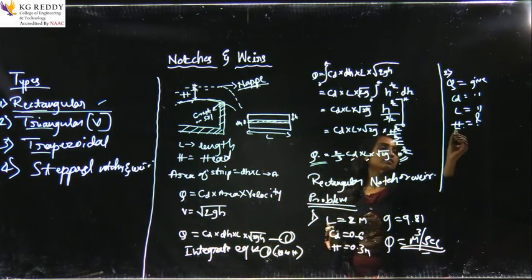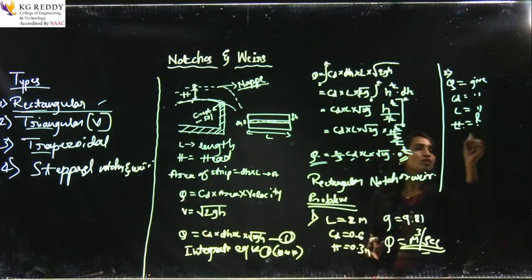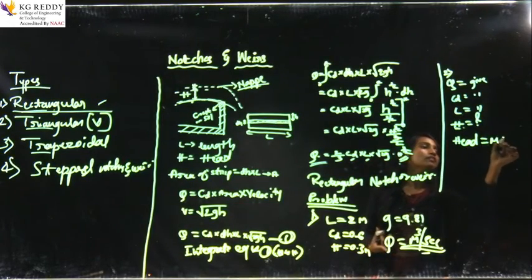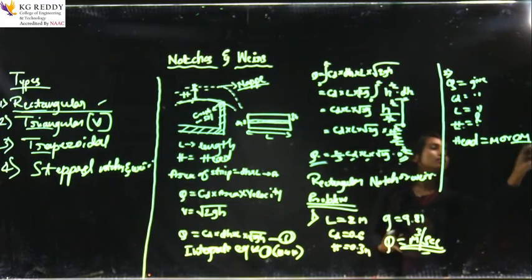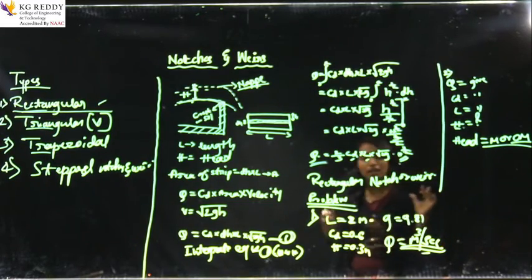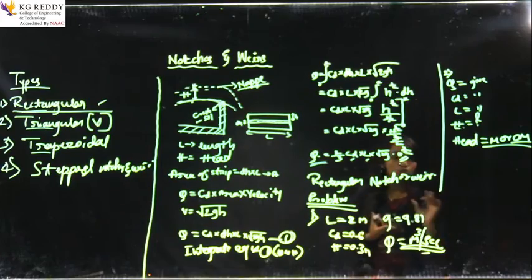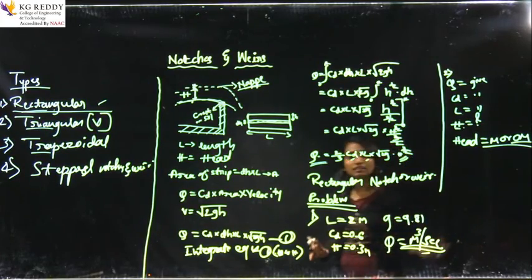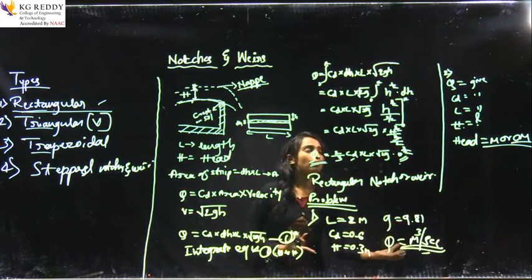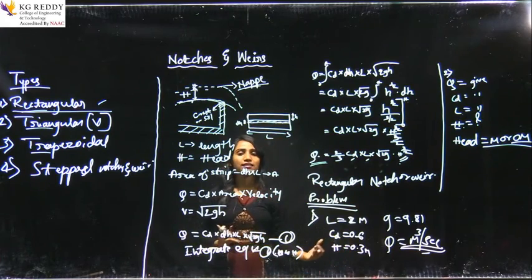What is the unit of H here? Meter or centimeter. These units should be carefully observed and not forgotten at the end. These are the different possibilities of the problems as I explained.